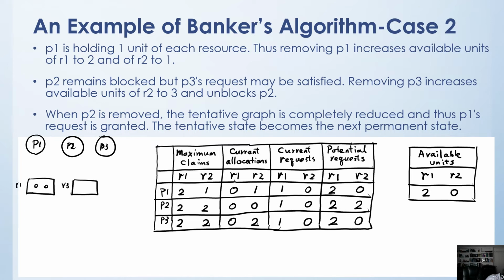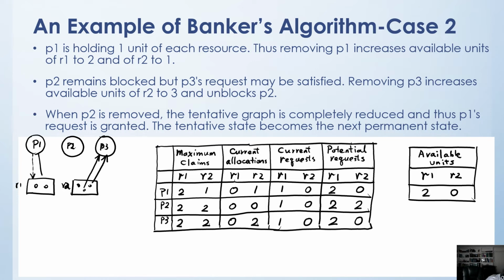Resource 1 has 2 units, resource 2 has 3 units. And 2 units of R2 are allocated to P3, and P1 has 1 claim.